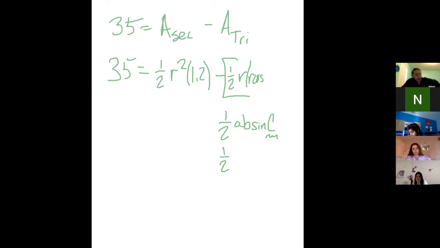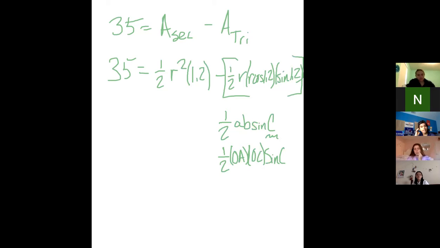So this becomes 1/2, our A would be OA and our B would be OC, sine of C. So this is r cosine 1.2 and sine 1.2. There.